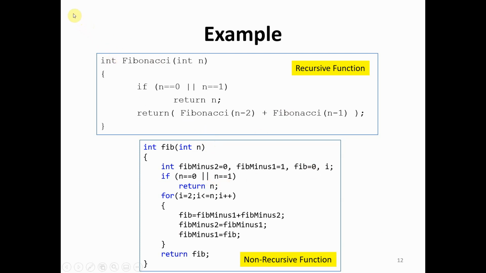You can think of a series of numbers where the first two numbers, let's say, start with 0 and 1, and any other number is made out of the summation of the last two numbers. So the first two numbers are 0 and 1.